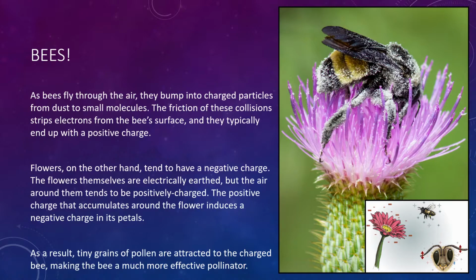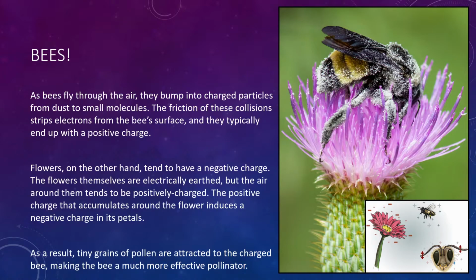Well, it turns out that, believe it or not, bees actually have a great deal of interaction with charge. And it matters, too, in the world. So when there is a fair weather day, so, not a lot of storms nearby, generally speaking, the air is positively charged.